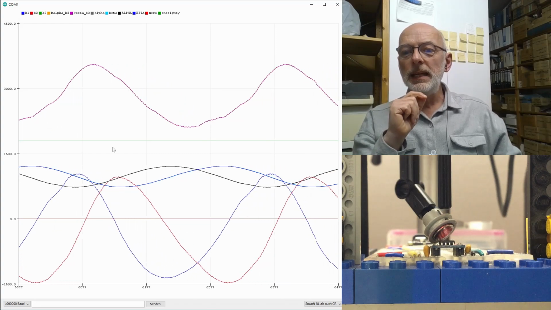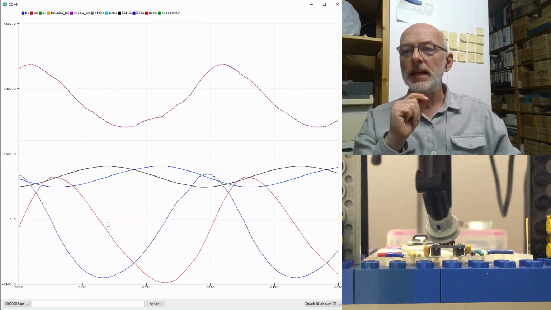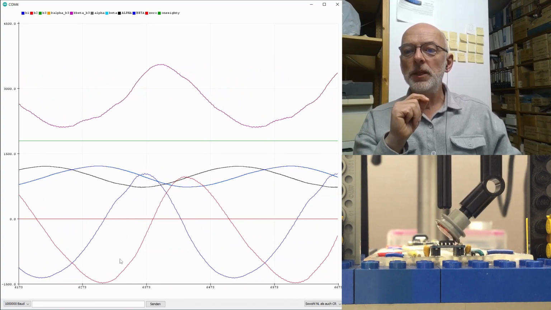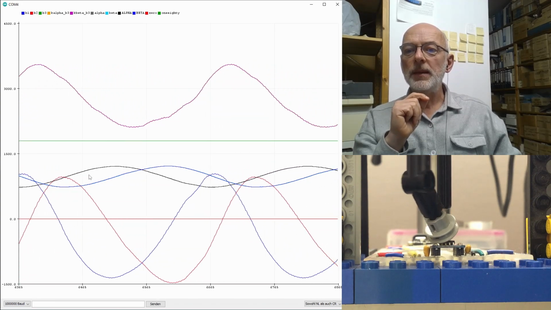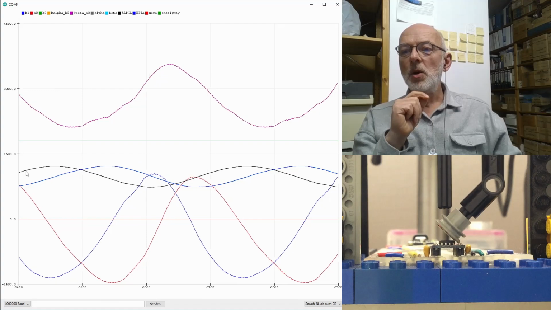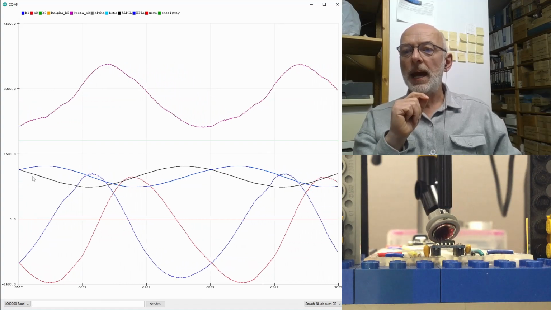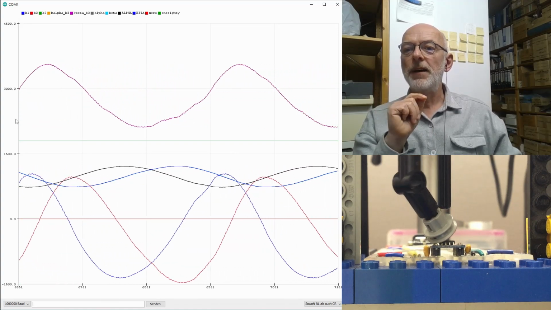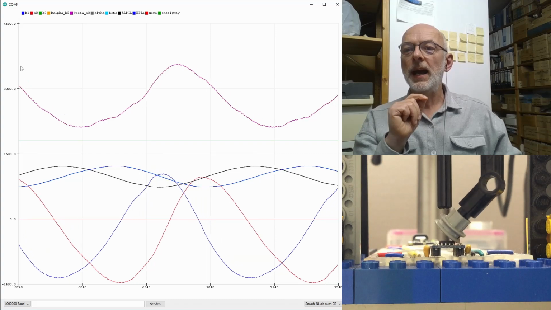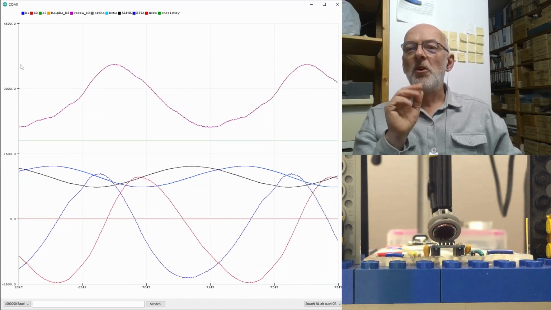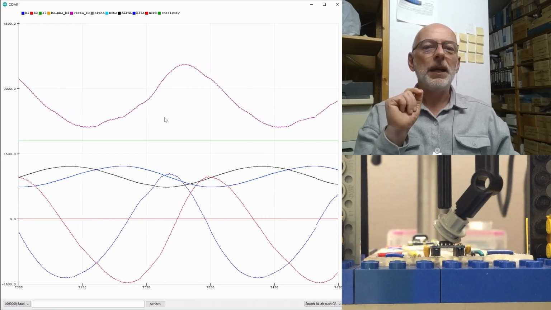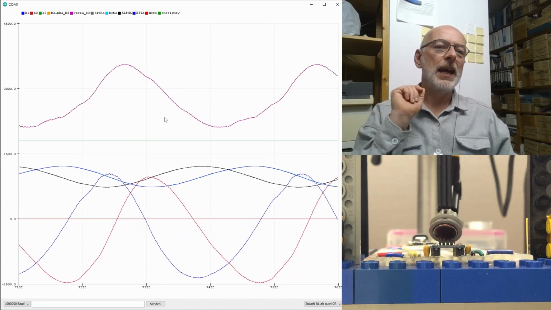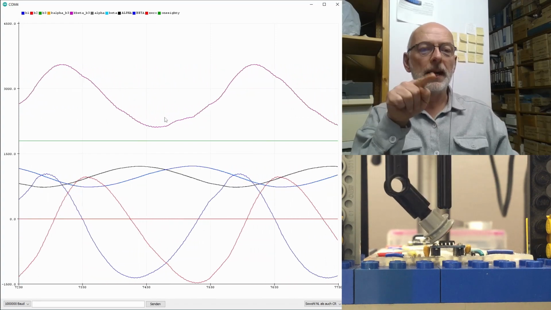So we need to get that down into that range. And if I look here at the maximums, we are about at, let's say, 1200, and we are here at 4000. So let me experiment a little bit with the KALPHA and KBETA factors, and then I'll come back to you.